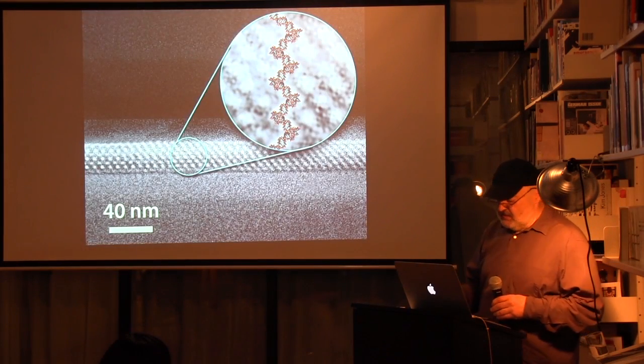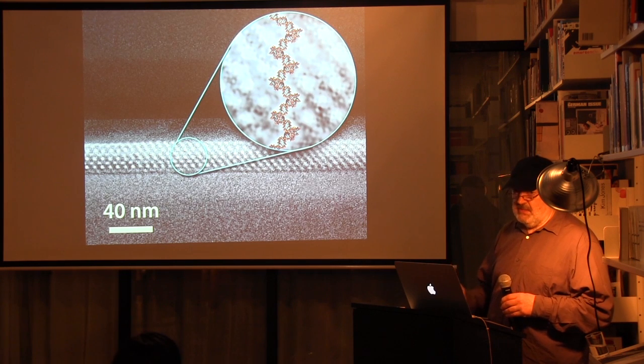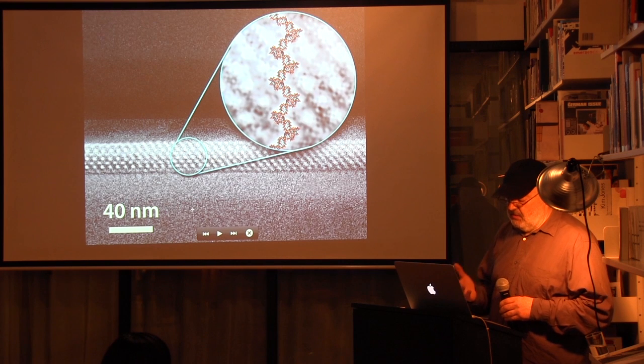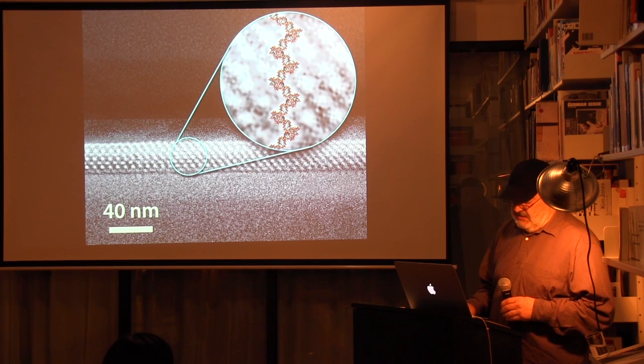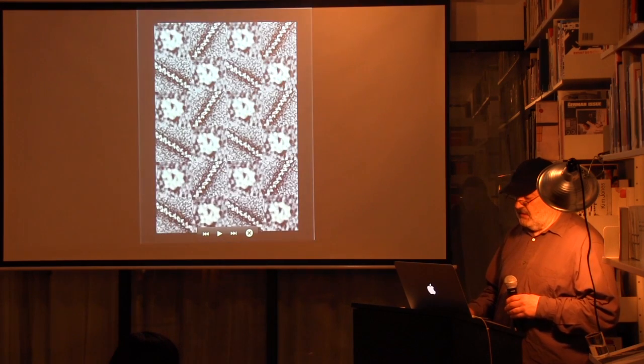Only in recent years, with the introduction of the electron microscope, it was possible to get close-ups of DNA, and what we see here are some 40 nanometer close-ups of sections that show DNA. This is a model imposed on the part that, in fact, beneath is DNA, a picture.